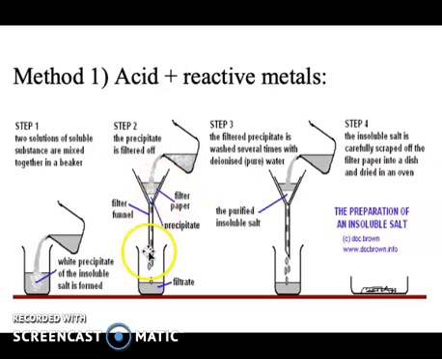This is the funnel, and there is a filter paper. When you put this solution through the filter paper, the filtrate, that is the pure liquid, will come in this beaker, and the salts which are not dissolved or soluble in the solution remain on the filter paper.